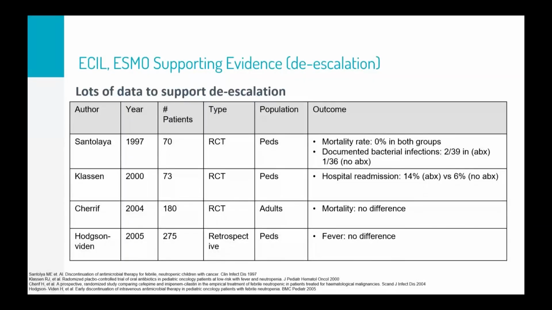There are a number of studies to support de-escalation, and these are just a few to support stopping antibiotics rather than continued use. I won't go into depth about these studies, but generally they all looked at mortality, hospital readmission rates, and infection rates. They all generally found no difference, and interestingly, most of these RCTs were in pediatrics.